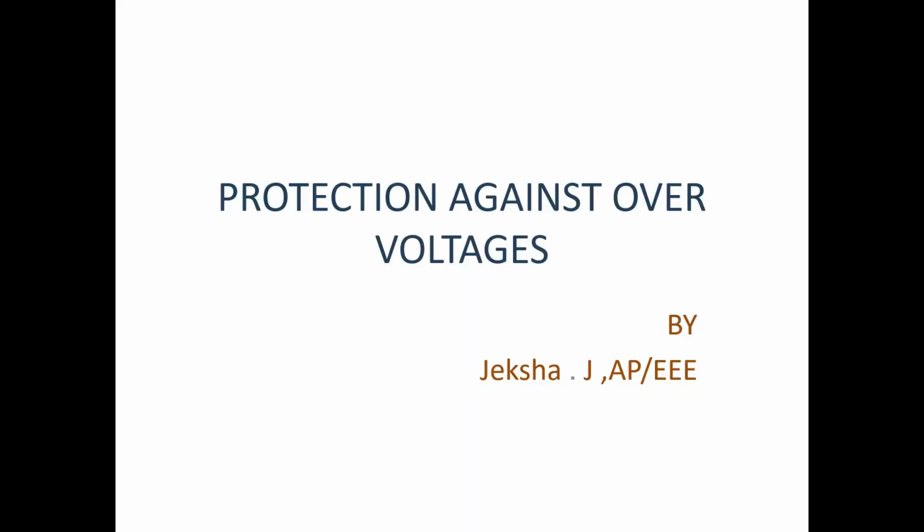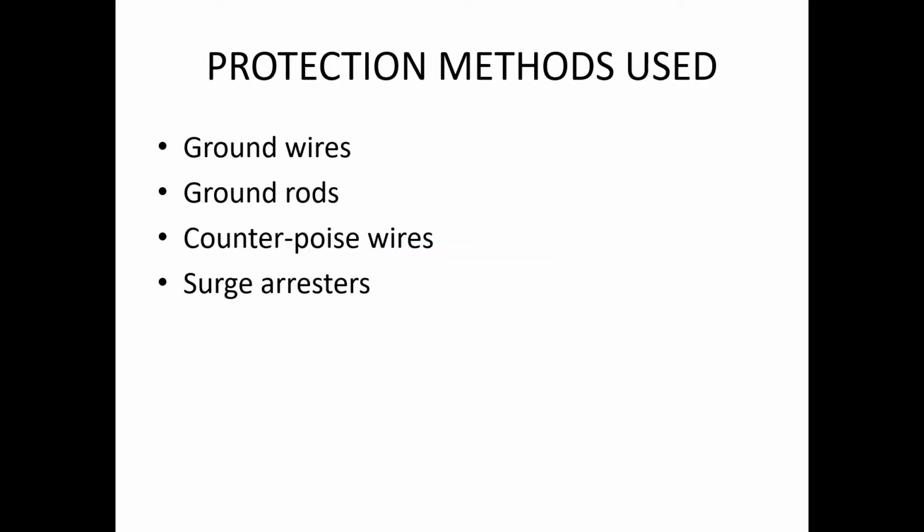Good morning, students. Our next topic in the fourth unit is protection against overvoltage. That is, how do we protect our transmission line, power system, or substations against overvoltage? As we discussed earlier, overvoltage can be caused by several surges.